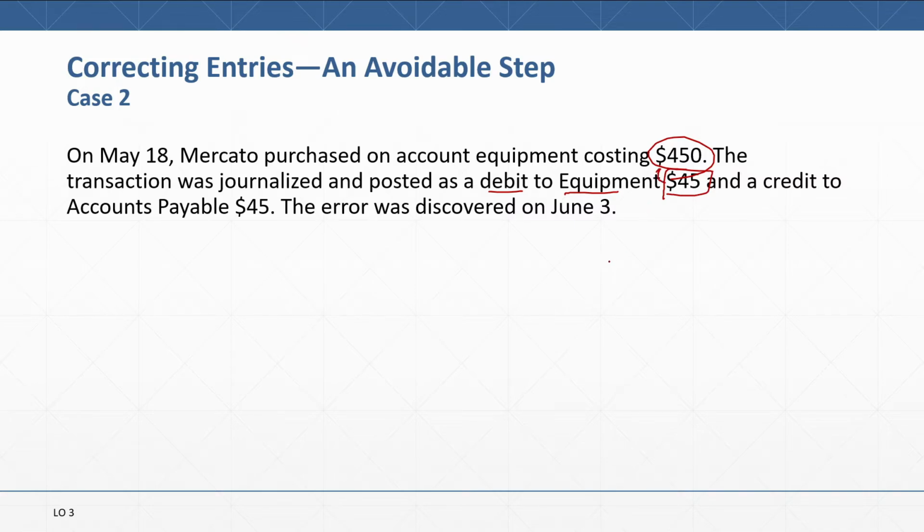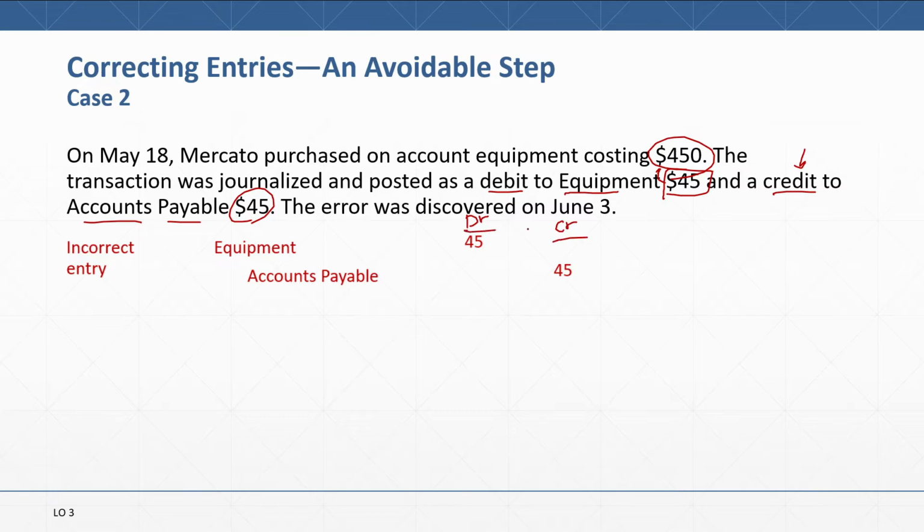The credit to accounts payable has the correct account and side, but again the wrong amount. So the mistaken entry was equipment $45 debit and accounts payable $45 credit.